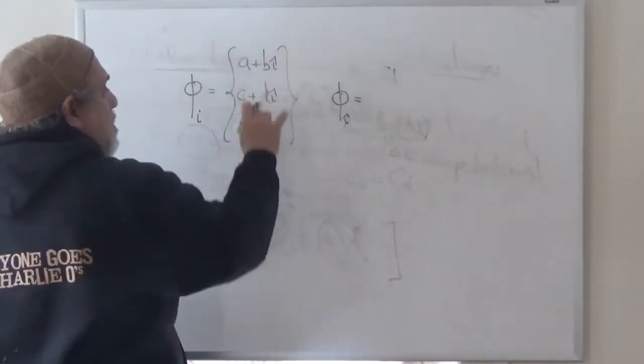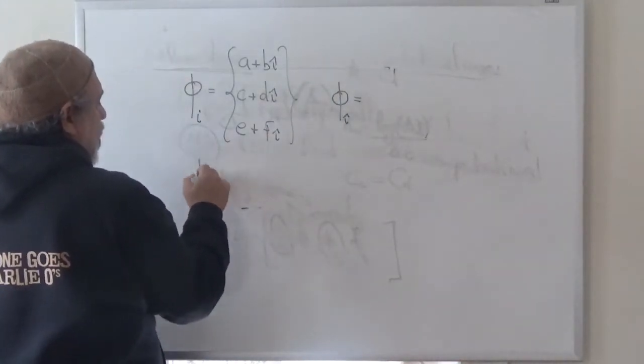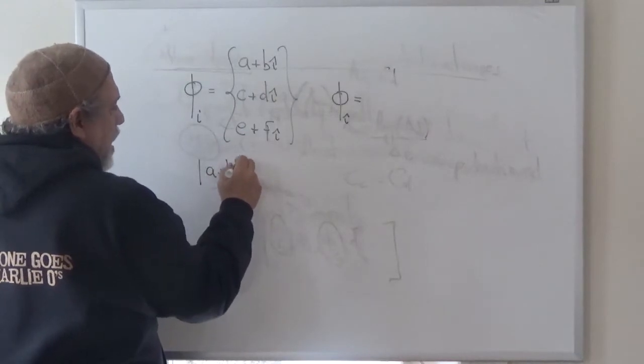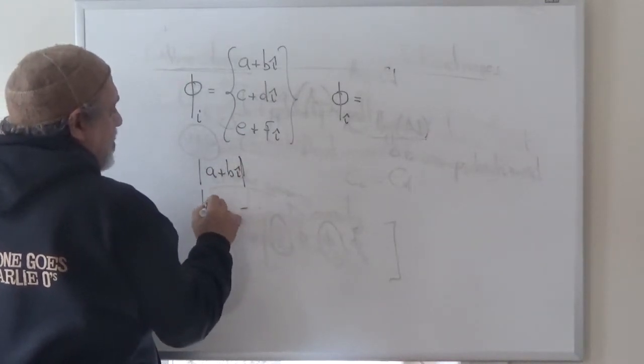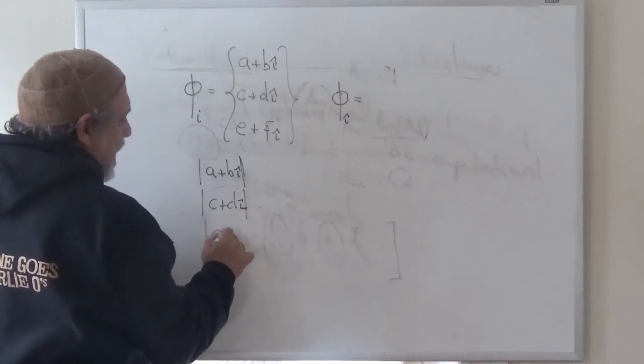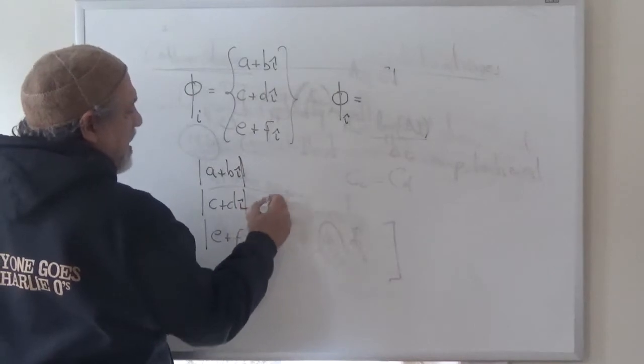When I say the biggest one, because these are complex, I'm talking absolute values. So I take a look at the absolute value of A plus BI, the absolute value of C plus DI, the absolute value of E plus FI, and I say, for example, okay, this one is the largest.